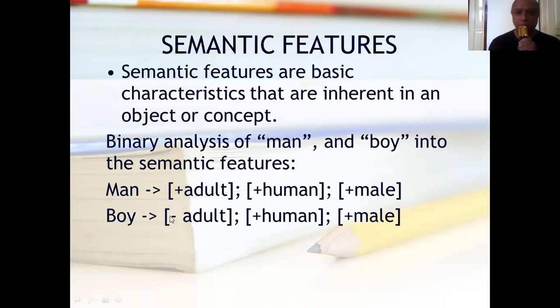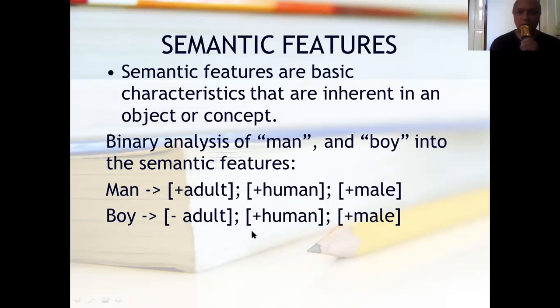Boy, on the other hand, is not an adult, because a boy has not become an adult yet. Still a boy, still a child. So that's why we have a minus sign here. But it is human, and that's why we have a plus sign here. And it is male.